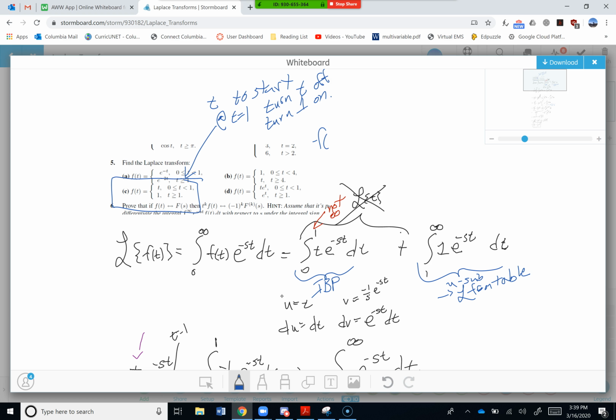So I would write f of t is, well, it's t to start with, right? And then I need an off and an on. And this is at time 1 that things are happening. So I'm doing this unit u of t minus 1 and u of t minus 1.